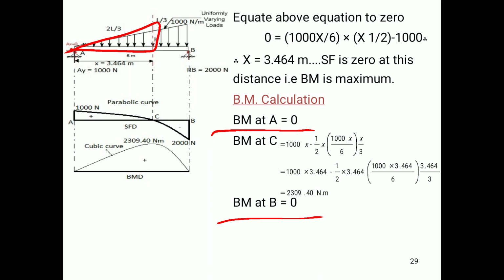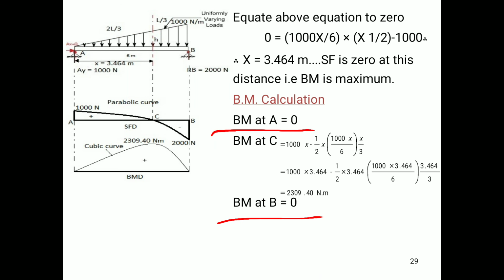On putting the value of x into this equation, we have 1000 into 3.464 minus 1/2 into 3.464 into 1000 into 3.464 upon 6 into 3.464 upon 3. On solving this equation, we have 2309.40 Newton meter. So this is the value of bending moment at point C.